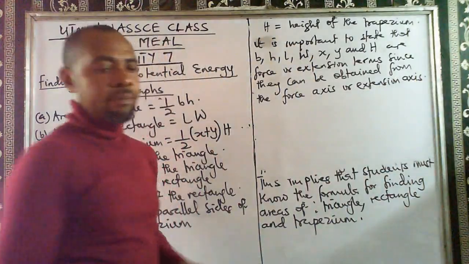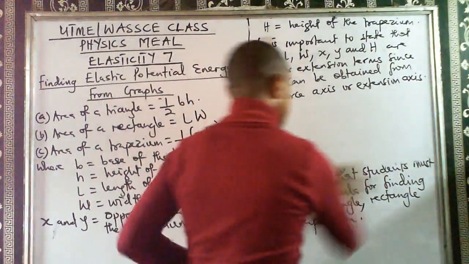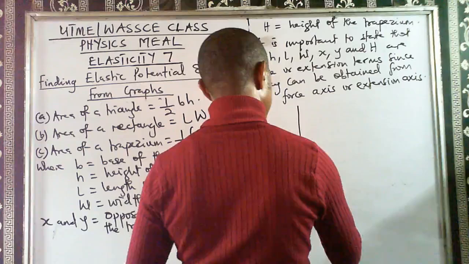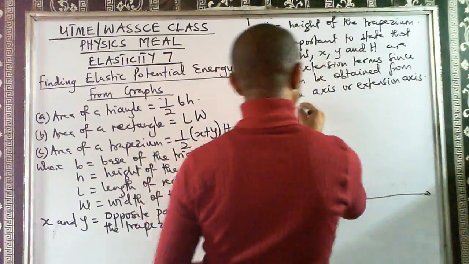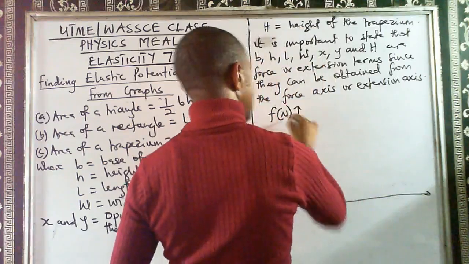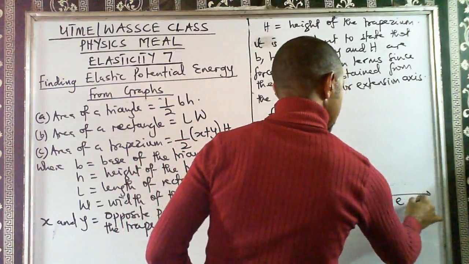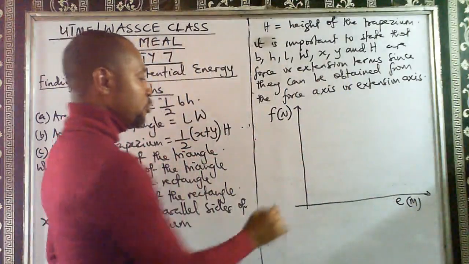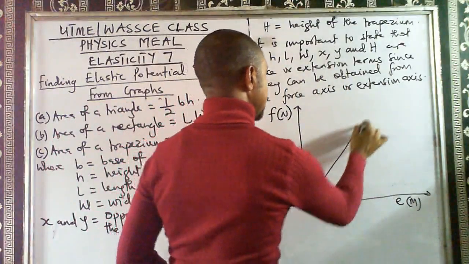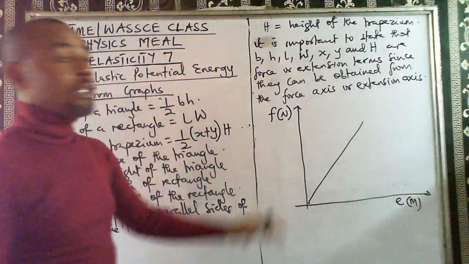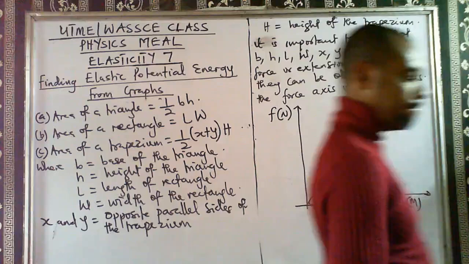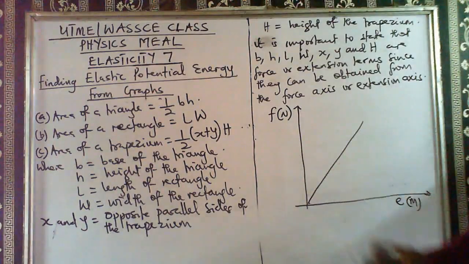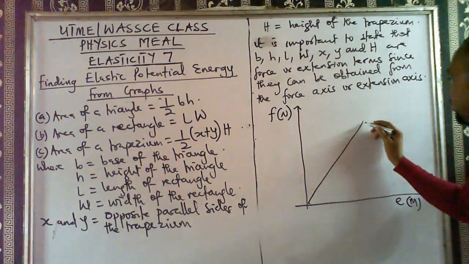Okay, now let's explain this further. If I have this graph, this is the graph of force in newtons and extension in meters. Now, if you draw this graph, let's say the graph is like this, and they ask: what is the work done, or the elastic potential energy, or the energy stored in the elastic material?